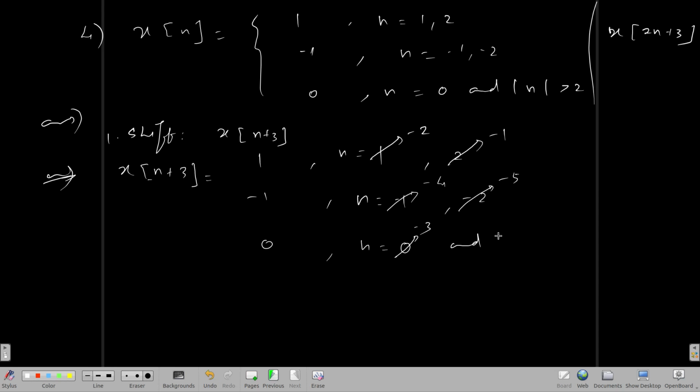So n greater than -1 and n less than -5. That symbol value you have to consider. So the original signal, graphically also you can do. So let me just rewrite it properly, right? So this will be -2 and -1, right? And this will be -4 and -5.